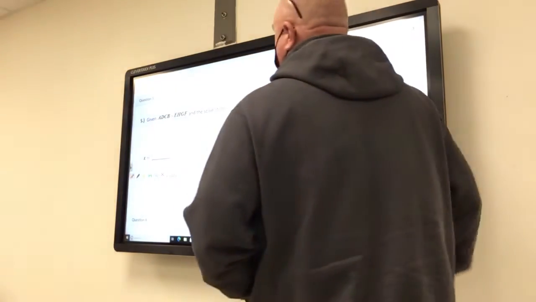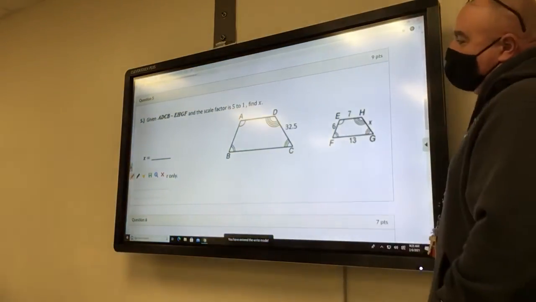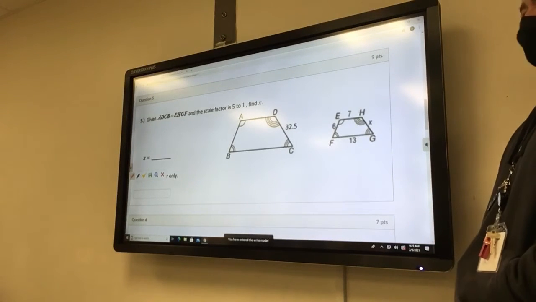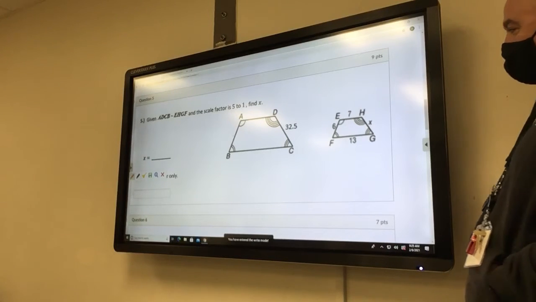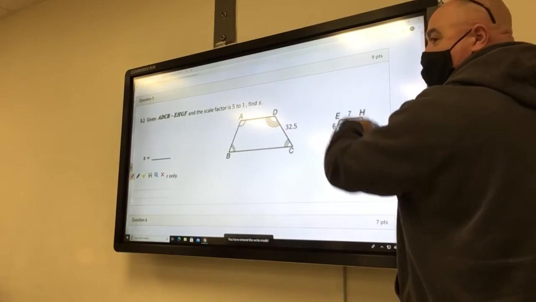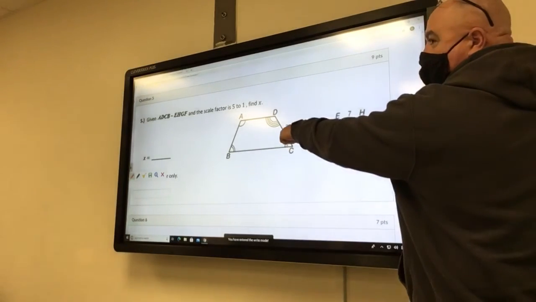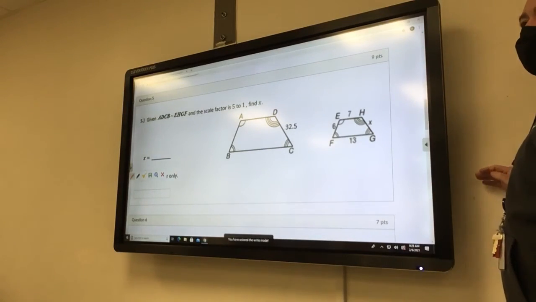It says, given ADCB is similar to EHGF, and the scale factor is 5 to 1, find x. Do you see this? That side matches up to what side over here? 32.5 matches up with what? X, right? Here's how you're going to do this.